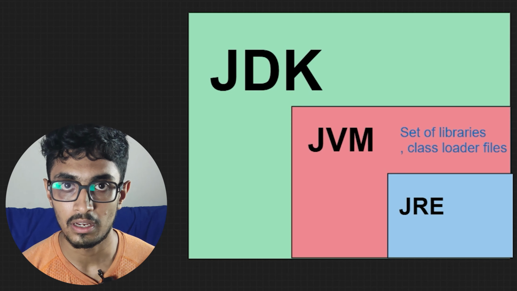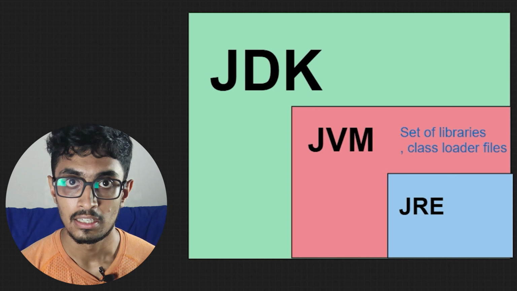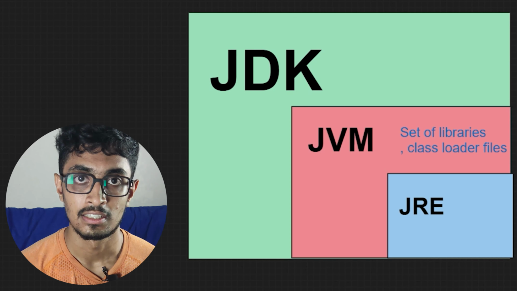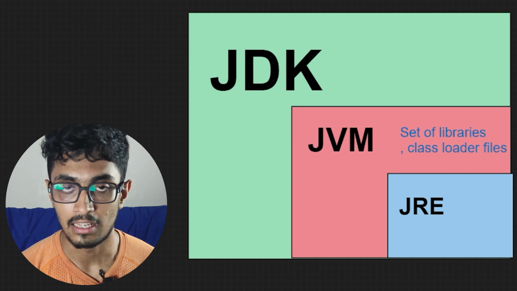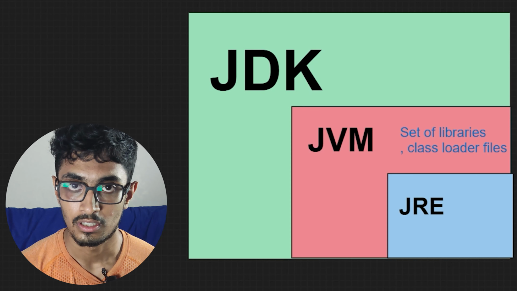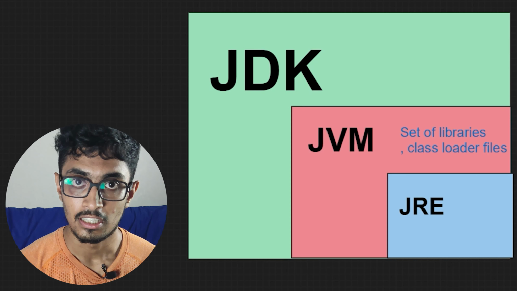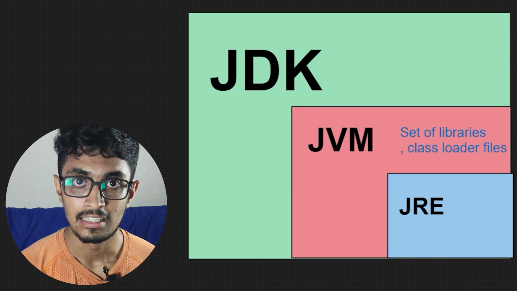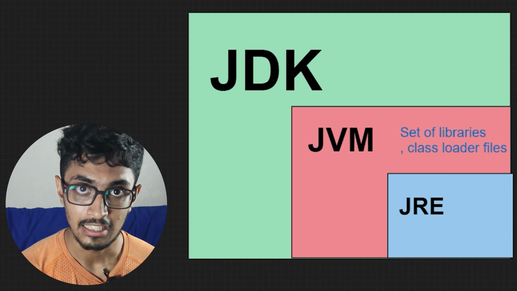When we compile our code using javac, a .class file gets created, and inside that file there is bytecode, which is machine-readable code. That code gets executed by the JRE, and we can see an output in our terminal.